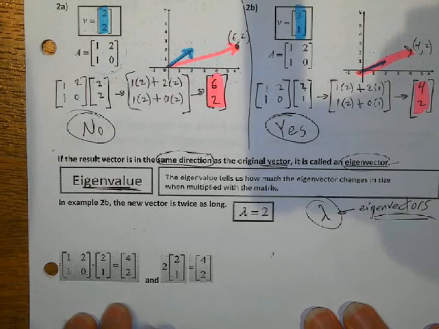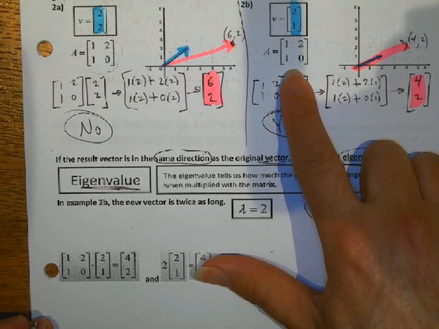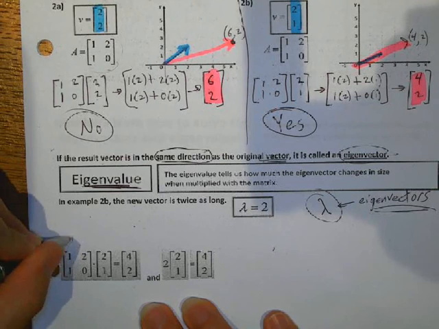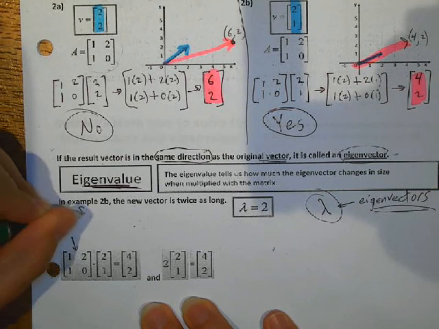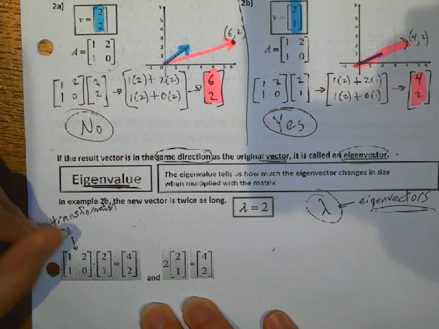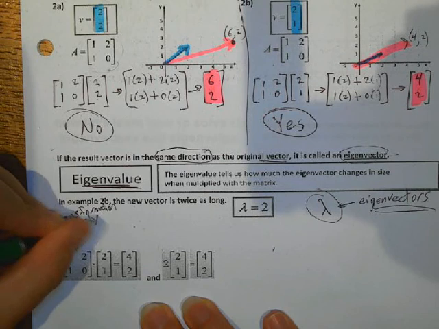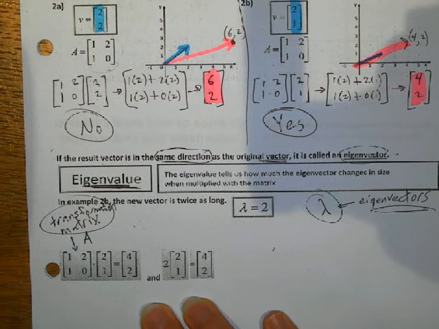So in our example that we just did, we had our transformation matrix, and we call that matrix A. This here is our vector.